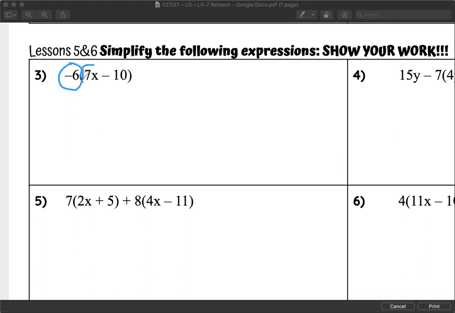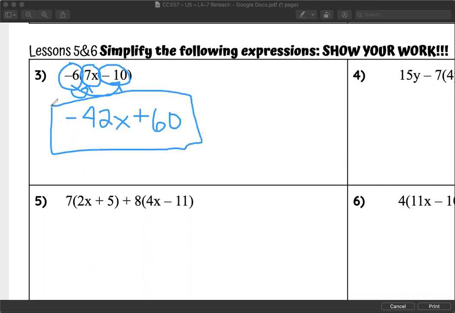I'm distributing it to a positive 7x and a negative 10x. So we're doing -6 times positive 7x is negative 42x. And we're doing -6 times negative 10, which is positive 60. This is our final answer. They can't be combined because they are not like terms.